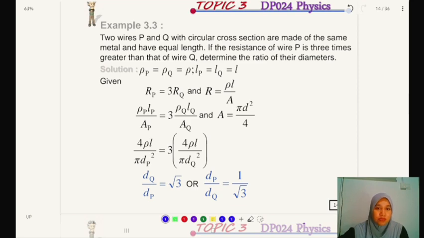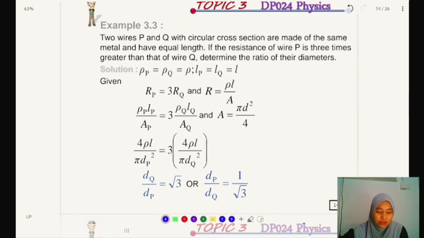So, two wires P and Q with circular cross-section, maksudnya bulat lah, are made of the same metal and have equal length. So, same metal, equal length. If the resistance of wire P is 3 times greater than that of wire Q, determine the ratio of their diameters.